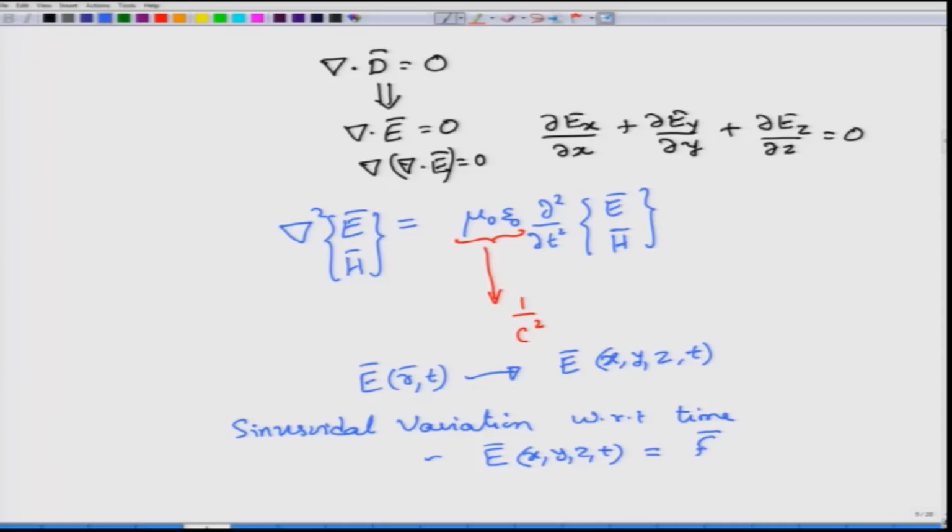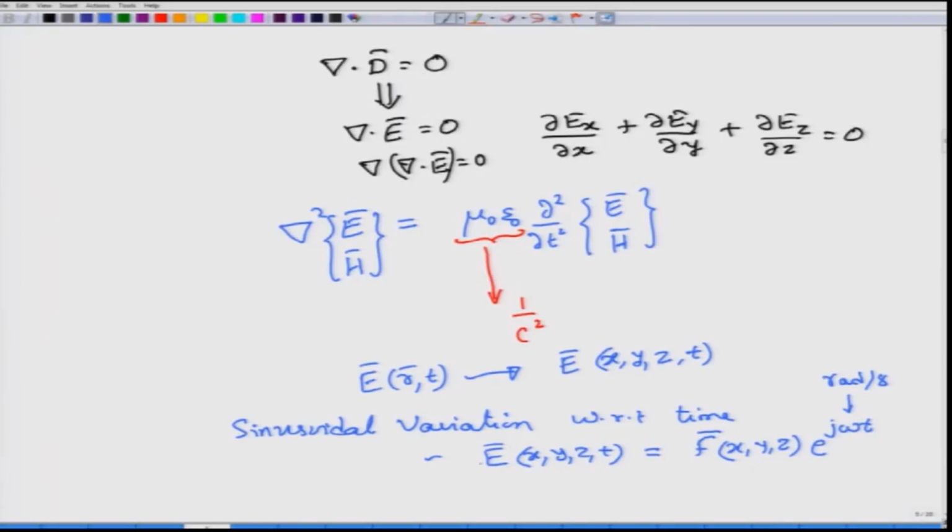Of course, this function has to be a vector function. So, x, y and z, and with respect to time it goes as e power j omega t, where omega is the angular frequency measured in radians per second. And naturally, when I am writing for E, you also write the same equation for H. Do not use the same function f, you can use another function called G, maybe, for example, right.